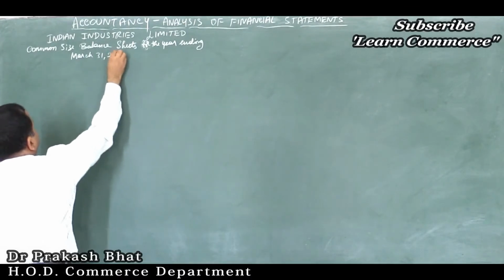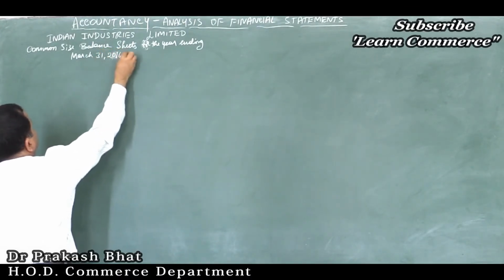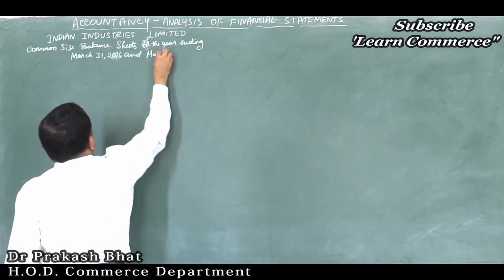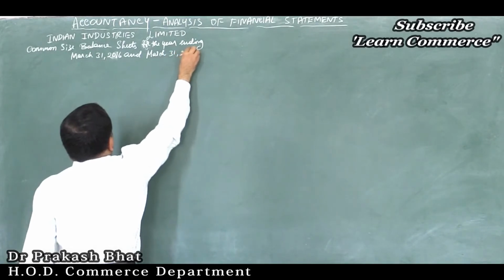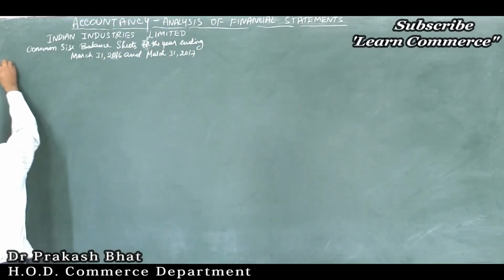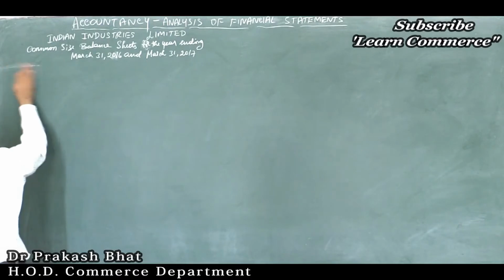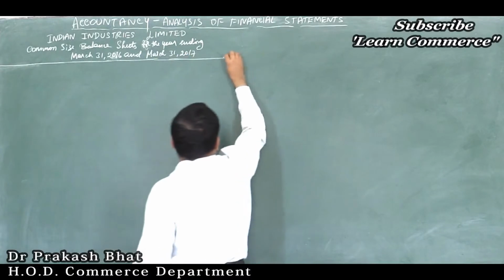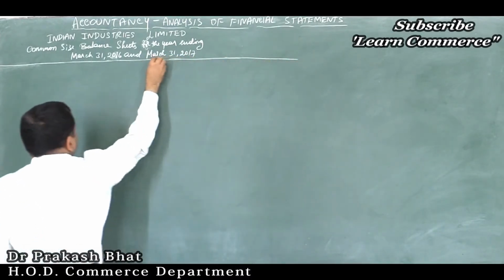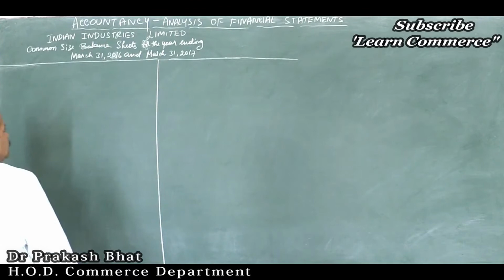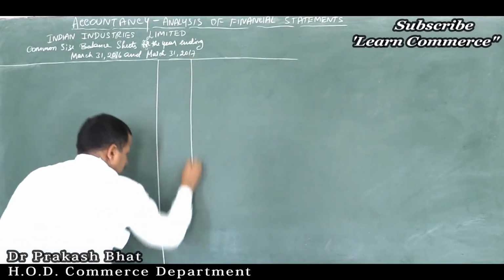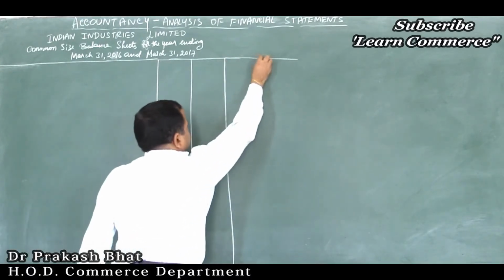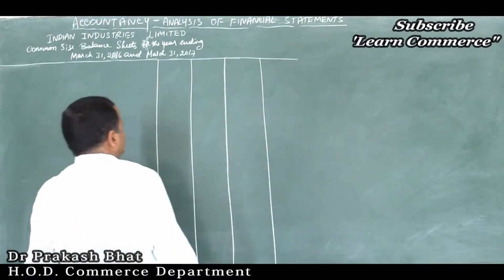Let us start. Draw the columns: particulars, then first year amount column, second year amount column, first year percentage and second year percentage. That's all.